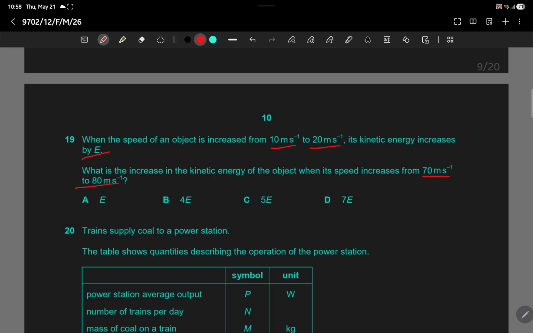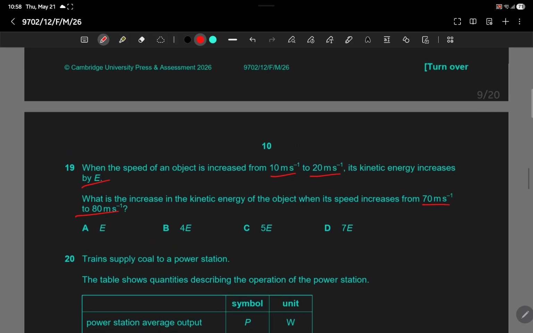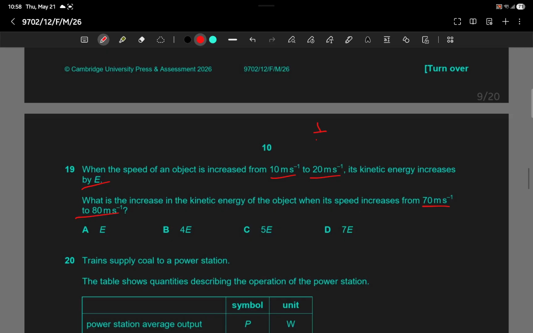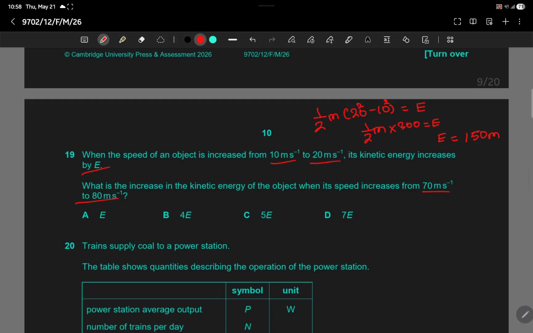If you make two separate equations, half m v squared, the change is E. Basically half m times 20 squared minus 10 squared, which is 300, equals E. So E is basically 150 m.